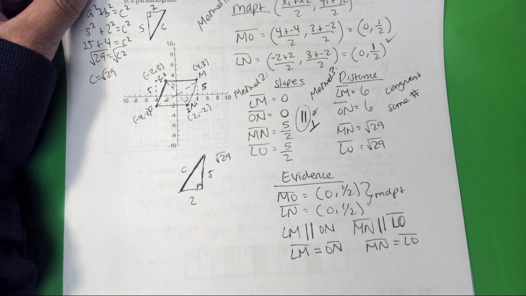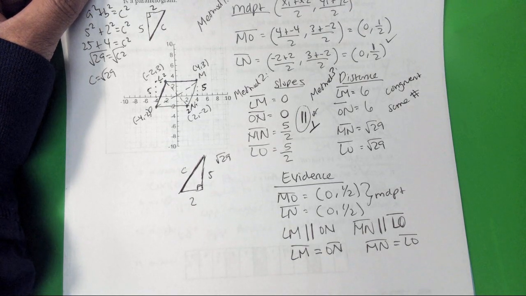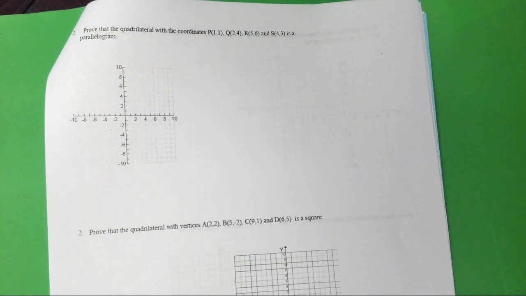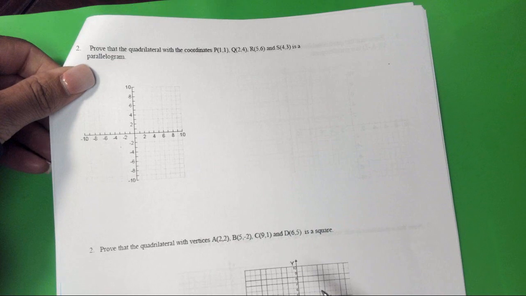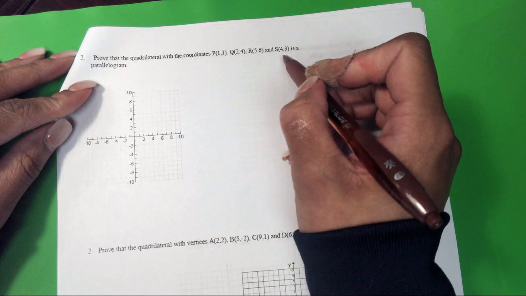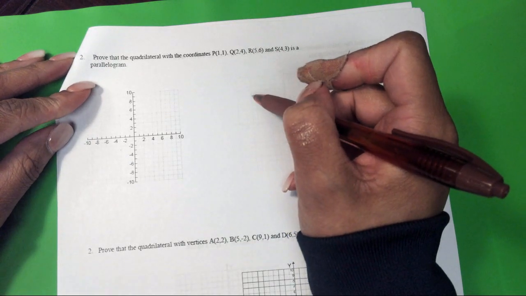So let's see if we can do another example on a different page. If you go to page 17, there's another example on proving a quadrilateral is a parallelogram. We're looking at coordinates P (1, 1), Q (2, 4), R (5, 6), and S (4, 3), and we're trying to prove it's a parallelogram.